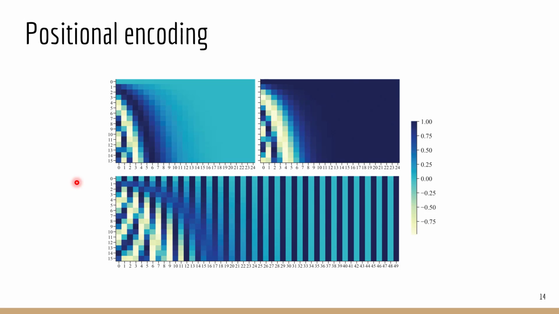But here we have the generated embedding for sine and cosine for 15 different tokens in our input, and the corresponding positional encoding for each token is constructed by combining the sine and cosine embeddings. As we have below, we have the positional encoding for 15 different input tokens, and the size of the generated positional encoding here is 50.